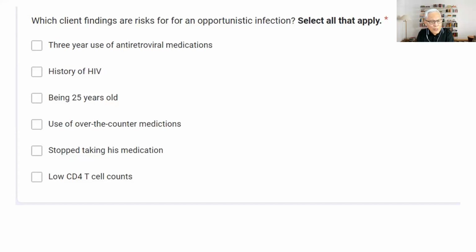So the correct answer here is history of HIV. That's one. The other one, being 25 years of age, is not going to be a risk, and use of over-the-counter medications is also not a risk. So history of HIV is going to be it. Stopping his medications with the low CD4 count increases his risk for an opportunistic infection. Okay, so those three.